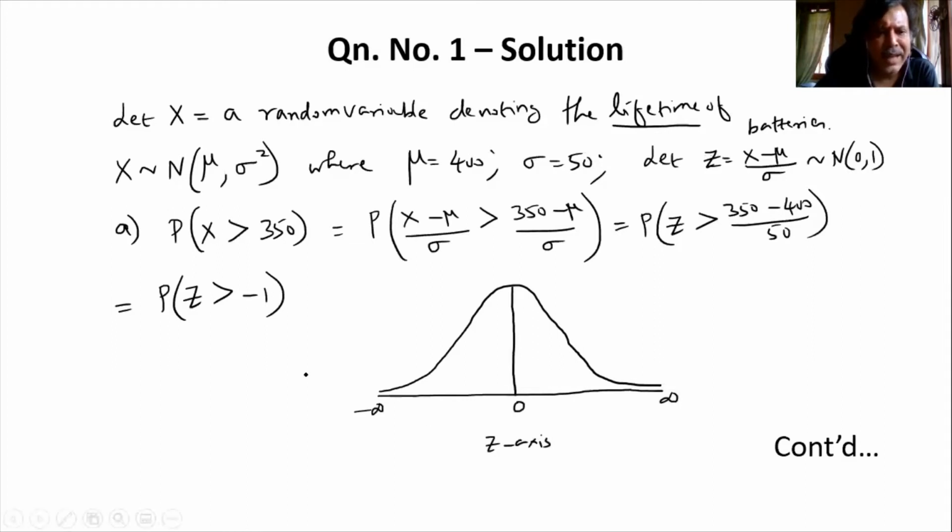Now we have -1, and -1 should come prior to 0, so I will write -1 somewhere here. It is saying Z is greater than -1, which means this entire area after -1 is what we are interested in. So let me just shade that area.